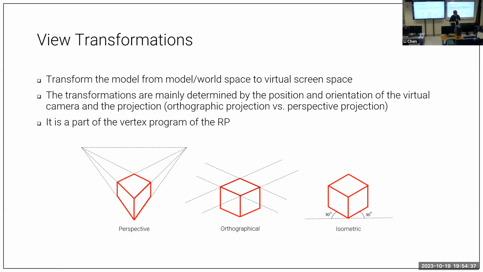Isometric is a very special form of orthographic transformation or viewpoint. Why is it so? Because it always requires that this line and also this line have a 30-degree angle with the horizontal line. So this is a very special case of orthographic transformation.